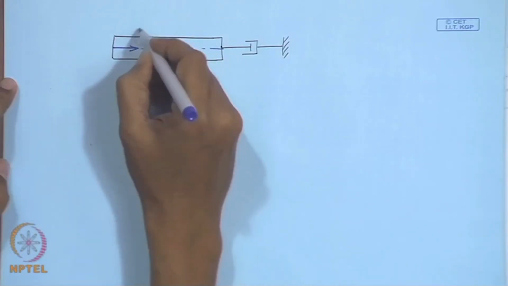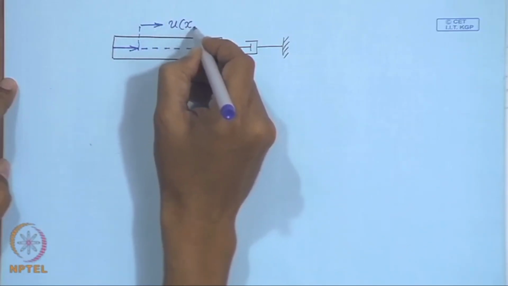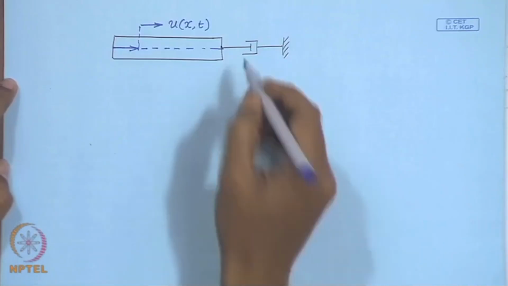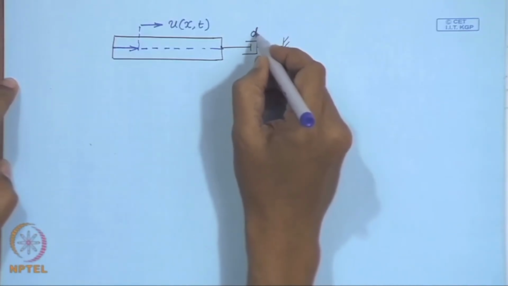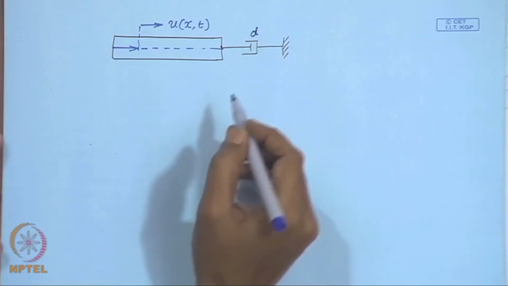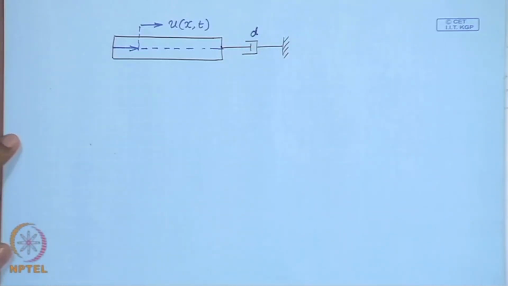Here I have a bar which is connected to a viscous damper, damping coefficient is d, and this is given a force.